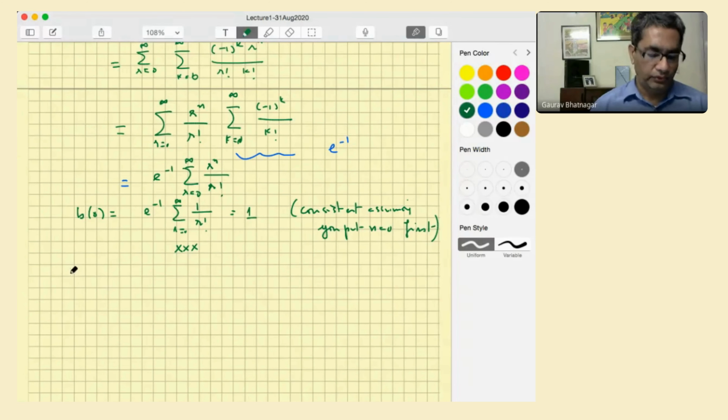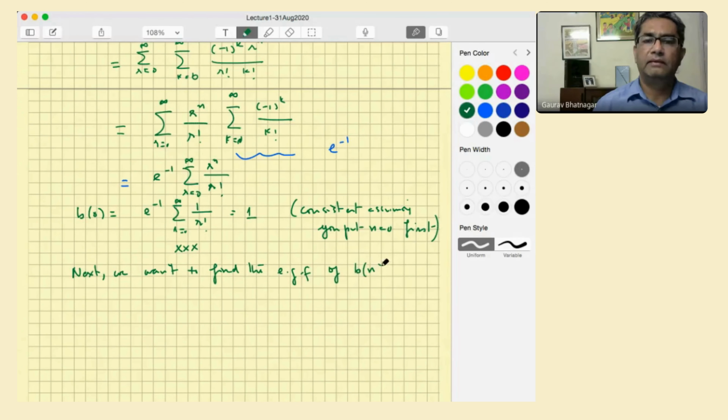And what we want to do is, so there's a nicer formula. So we have a formula for B of n, which is this guy. So this is B of n. And I should be able to maybe highlight it.